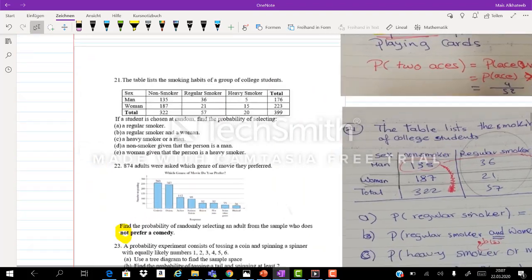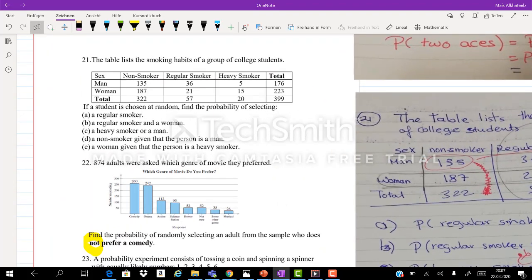The table lists the smoking habits of a group of college students. I have non-smoker, regular, smoker, and heavy smoker.